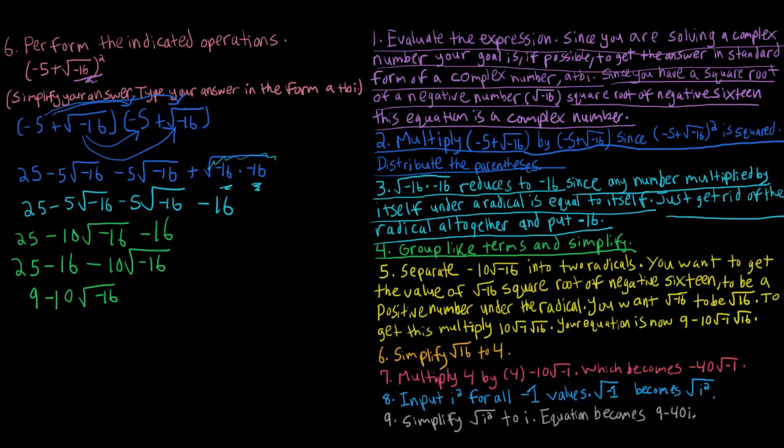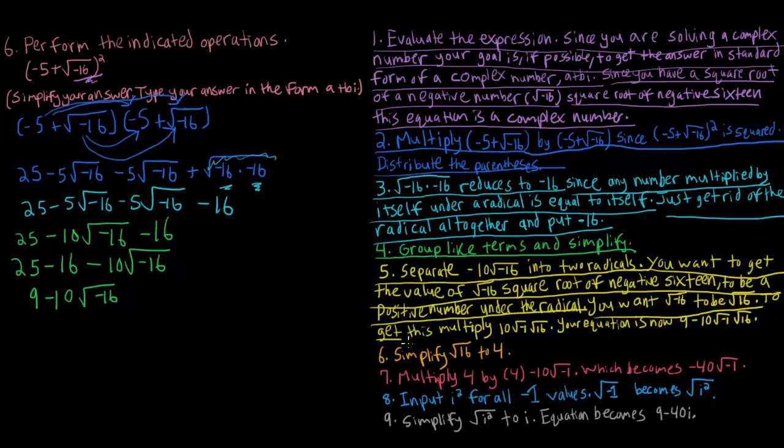Now going to step 5. Separate negative 10, negative 16 into two radicals. You want to get the value of square root of negative 16 to be a positive number under the radical. You want negative square root of negative 16 to just be square root of positive 16.